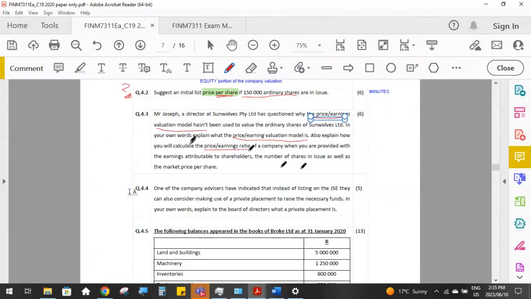So they've said in your own words, okay, number one, explain what the price earnings valuation model is. And then number two, explain how you will calculate the PE ratio when you've got the given information. So make sure you answer both of those parts to get all 6 marks.